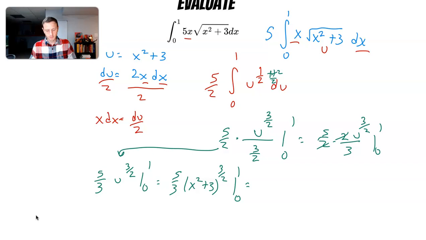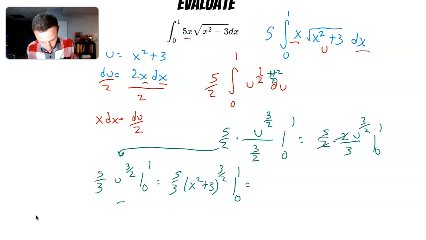What I mean by changing the limits of integration is that if I wanted to keep it in terms of u, I could change around those limits and plug into that. But I'm going to change the u back to x squared plus 3. So now we're all good to go from 0 to 1.